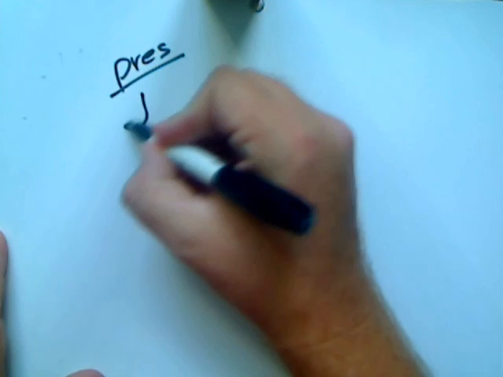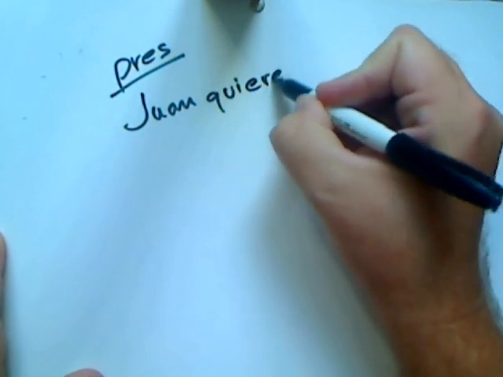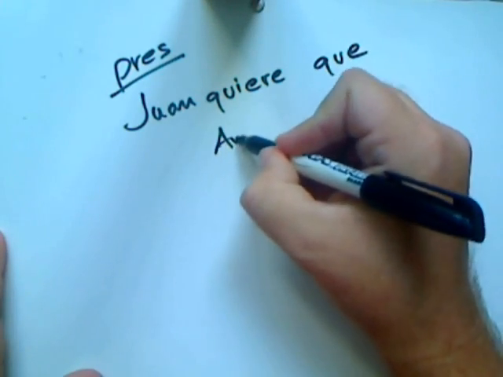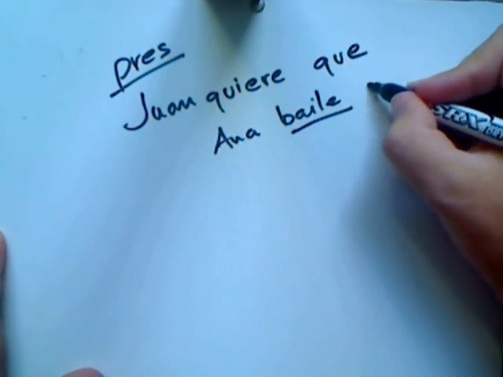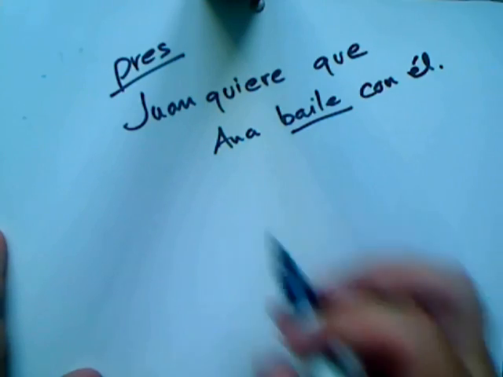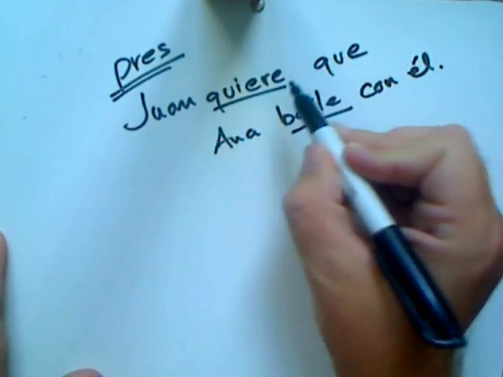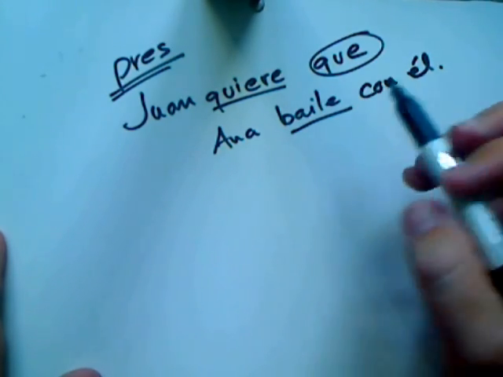Like if I wanted to say, Juan quiere que, there's our first clause, Ana baile, present subjunctive, con él. Okay, this is again in the present tense. Present tense verb in the main clause, que, which tells you a subordinate clause is coming up.